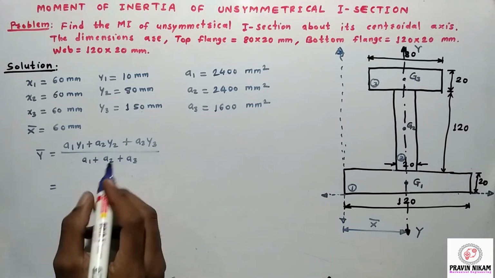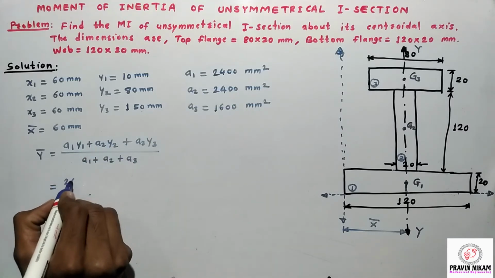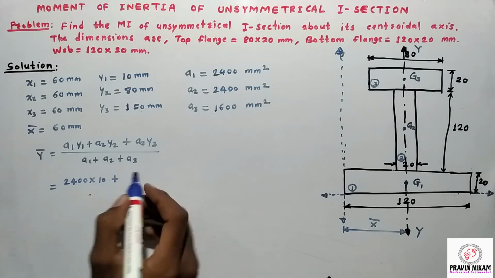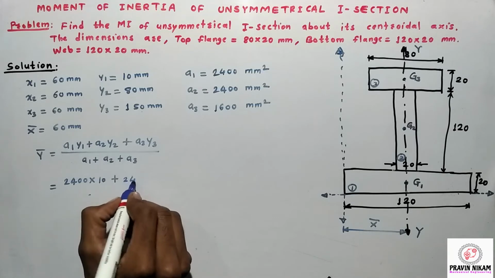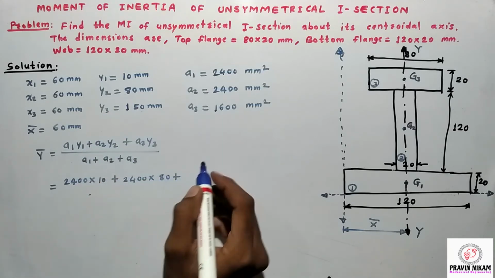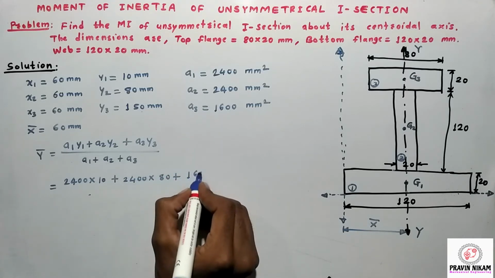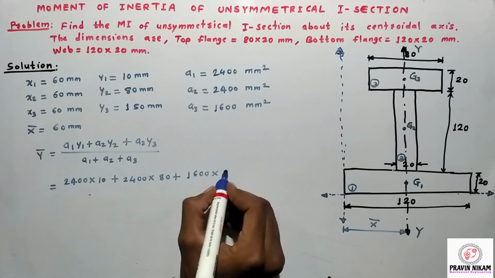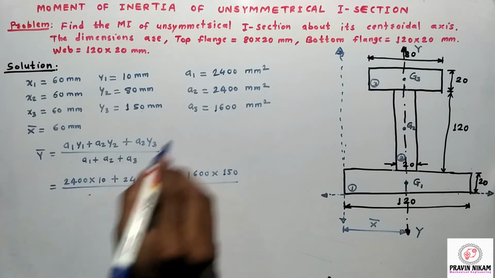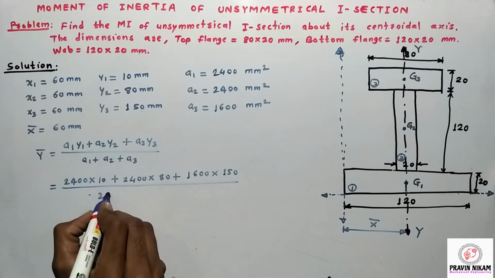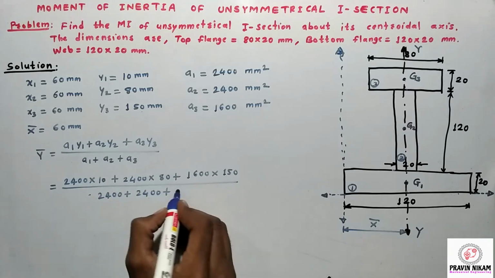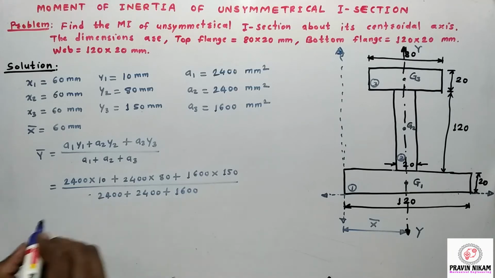That is equal to A1 2400 into y1 10, plus A2 2400 into y2 80, plus A3 1600 into y3 150, divided by A1 2400 plus A2 2400 plus A3 1600.